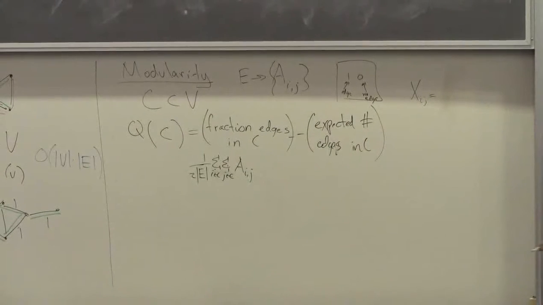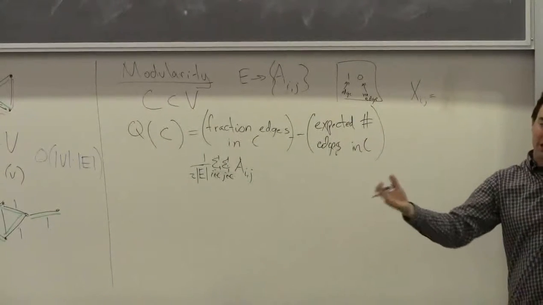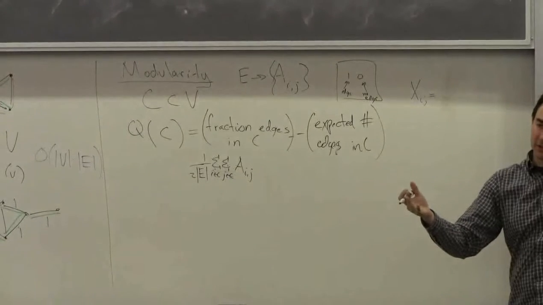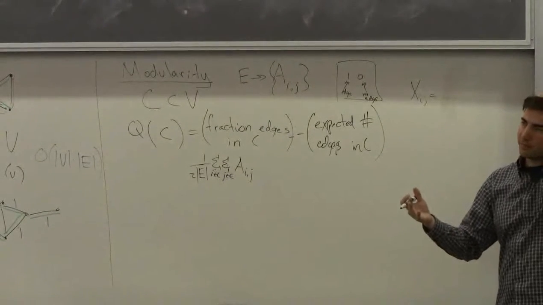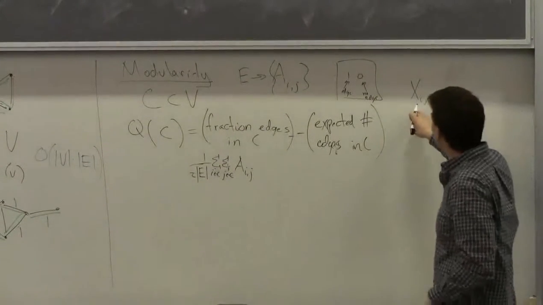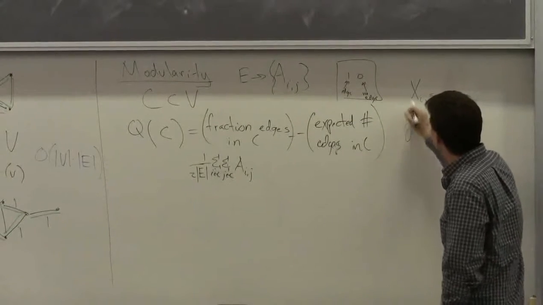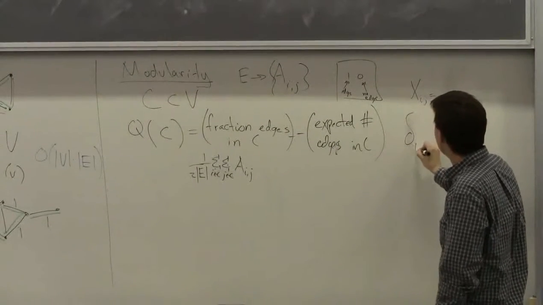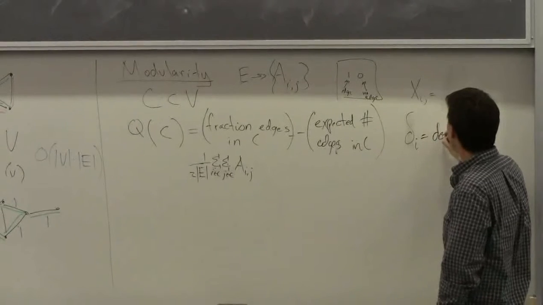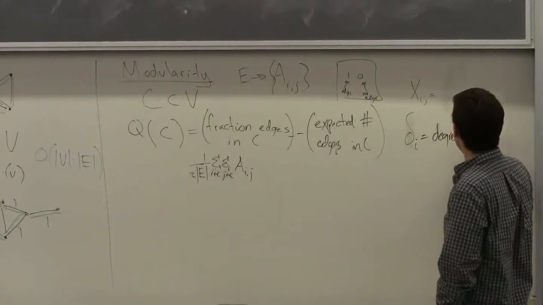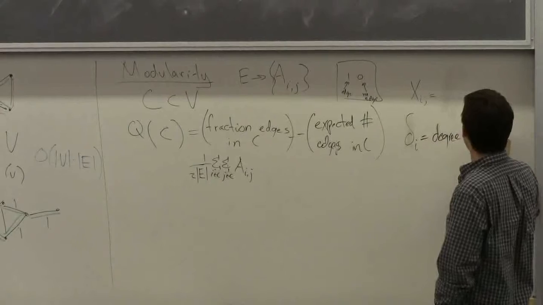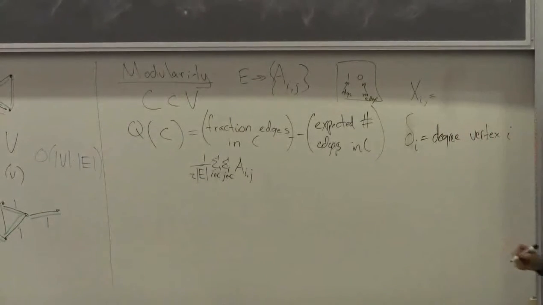Okay, so what they say instead is you want to look at the degree of these vertices. I'll use delta to denote the degree of a vertex i, right?